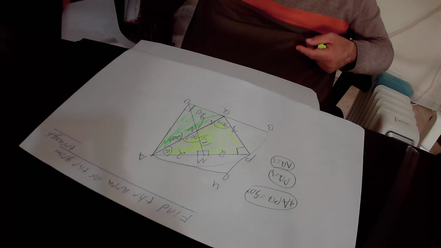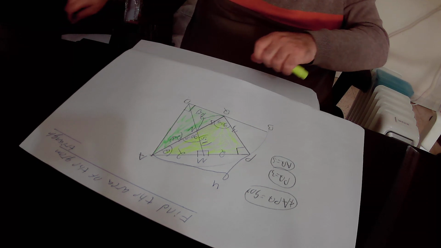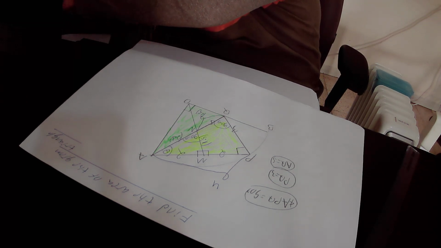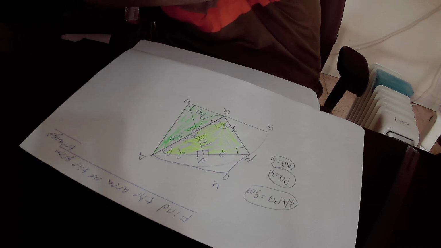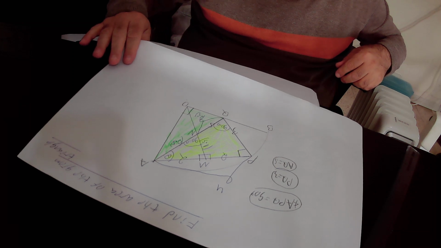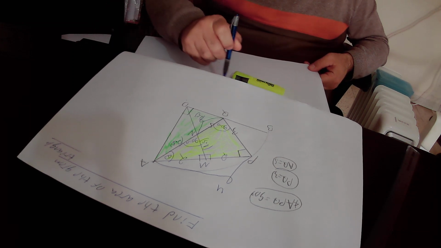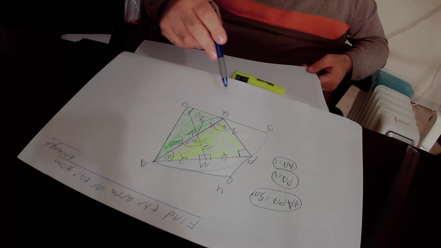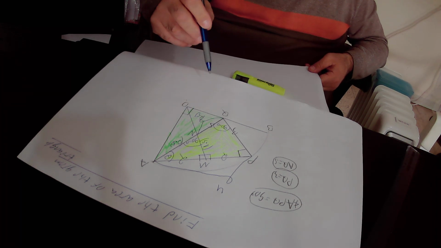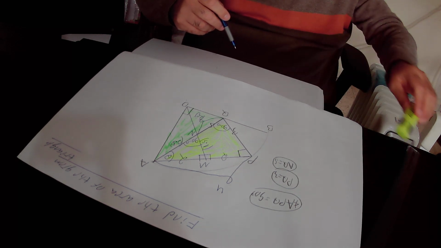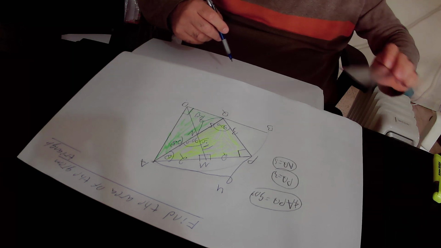We know that any triangle can be blocked by a circle. Therefore, we'll block this right green triangle AQO in a circle. So I copy this green triangle in a new page and we will block it by a circle.